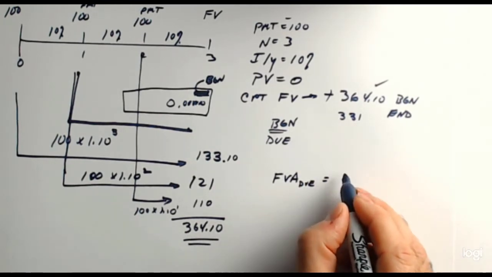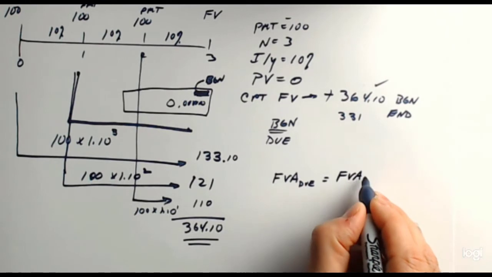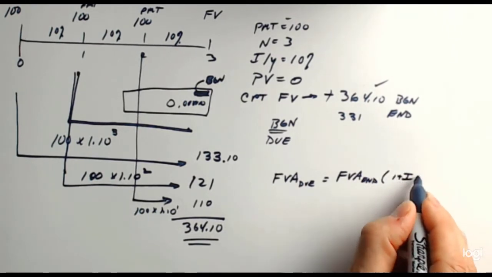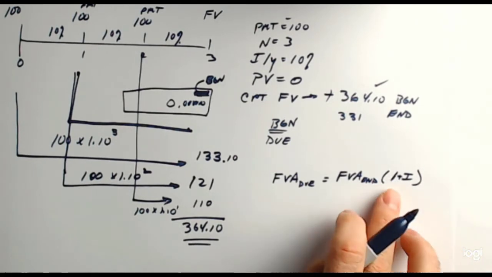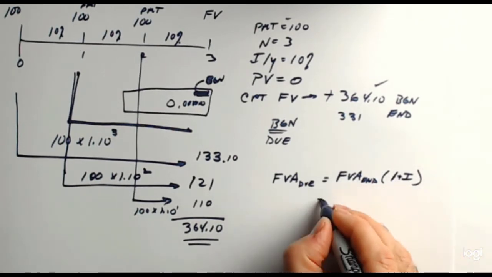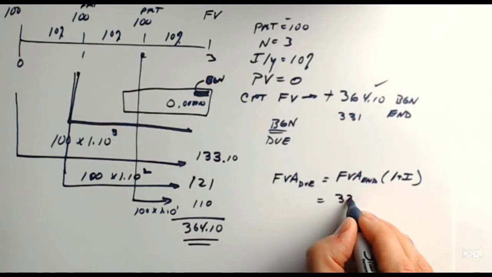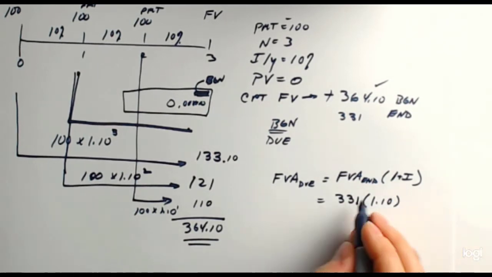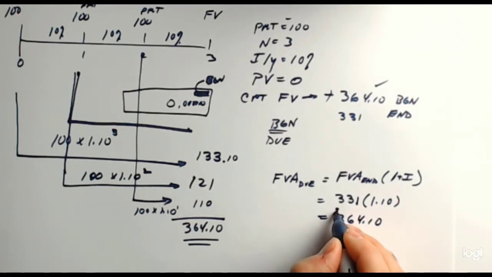That's going to equal the future value of an annuity ending times 1 plus I. We calculated the ending to be 331. We're going to multiply it by 1.10. And when we do that, we're going to get 364.10.